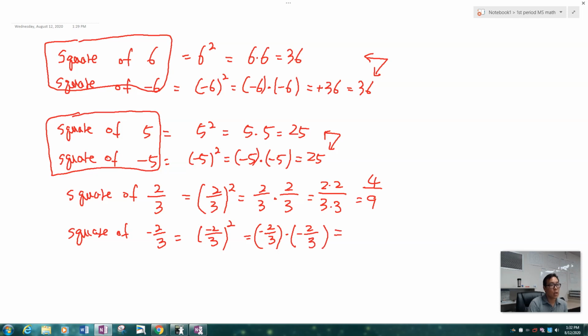We all know that already. Negative times negative becomes positive. I'm not even going to write the positive sign, but 2 times 2 over 3 times 3, which is 4 over 9. Notice square of 2 over 3 and square of negative 2 over 3, they both give you at the end positive 4 over 9.